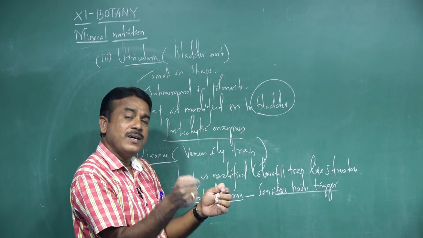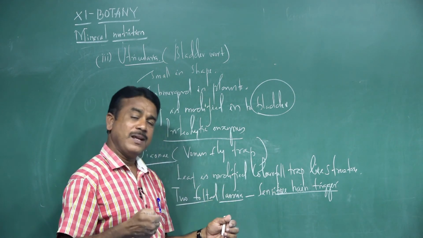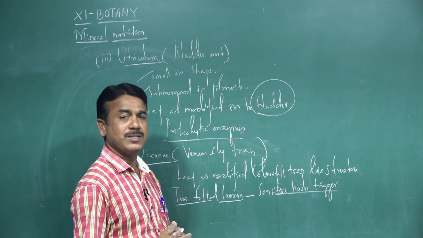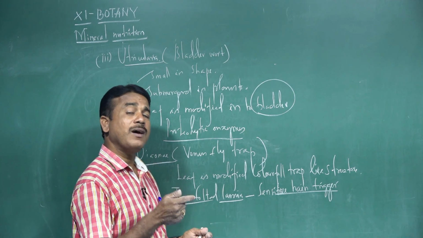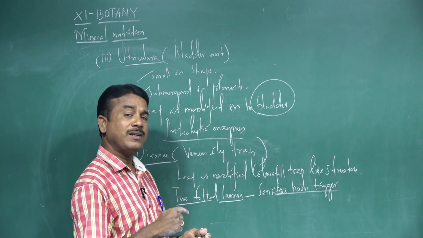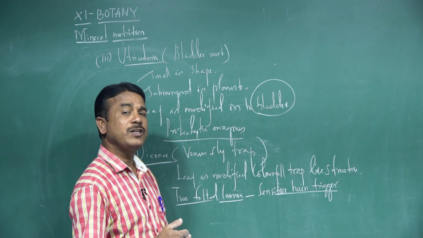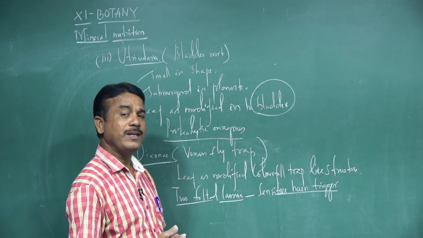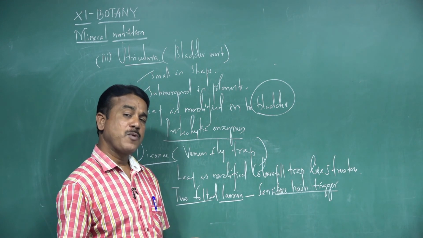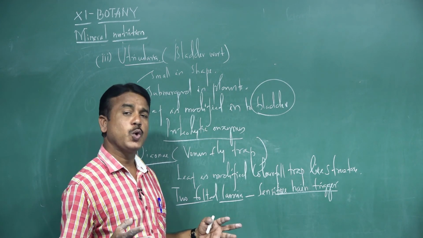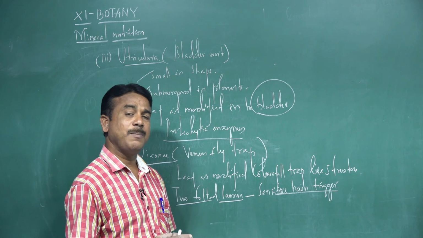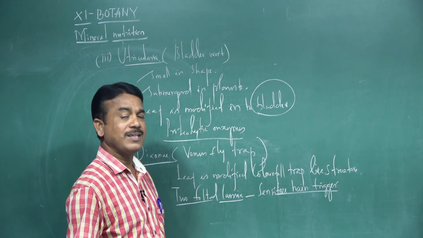After death, nourishment is obtained from the insect, commonly called protein. To digest the protein, the plant produces a digestive enzyme, commonly called proteolytic enzyme. With the help of proteolytic enzyme, the protein is completely digested and can be evenly distributed to the whole plant. After that, the lamina opens.